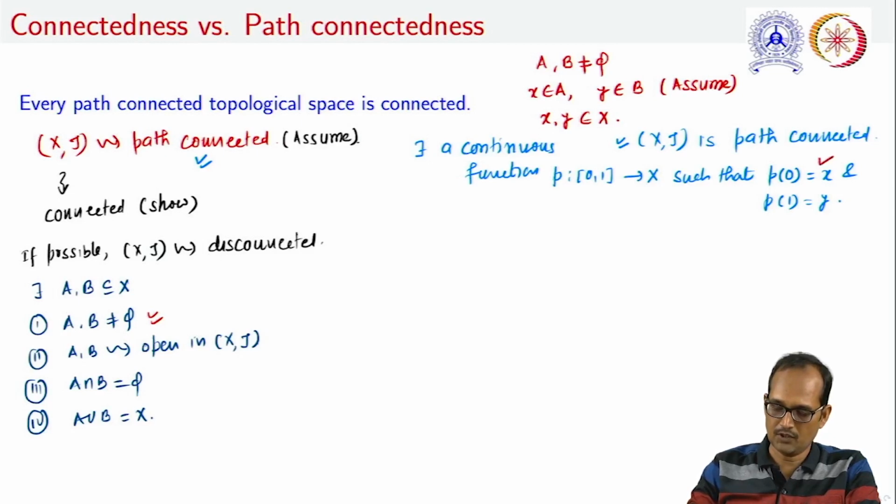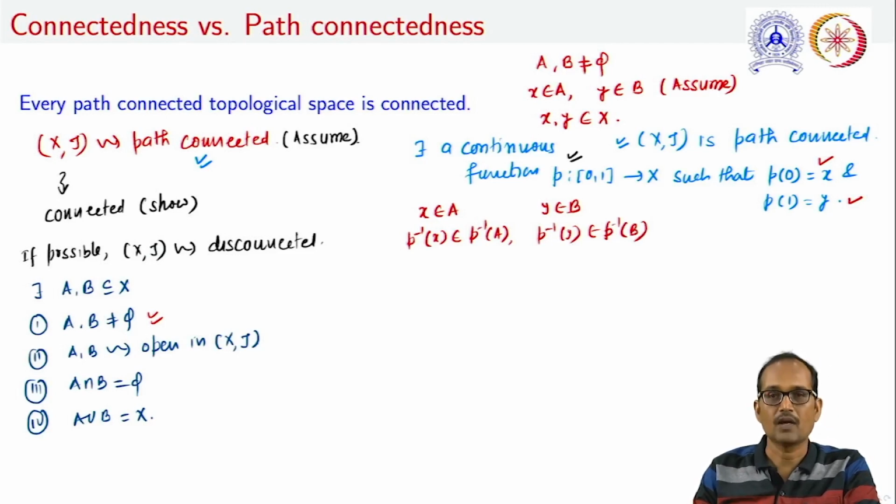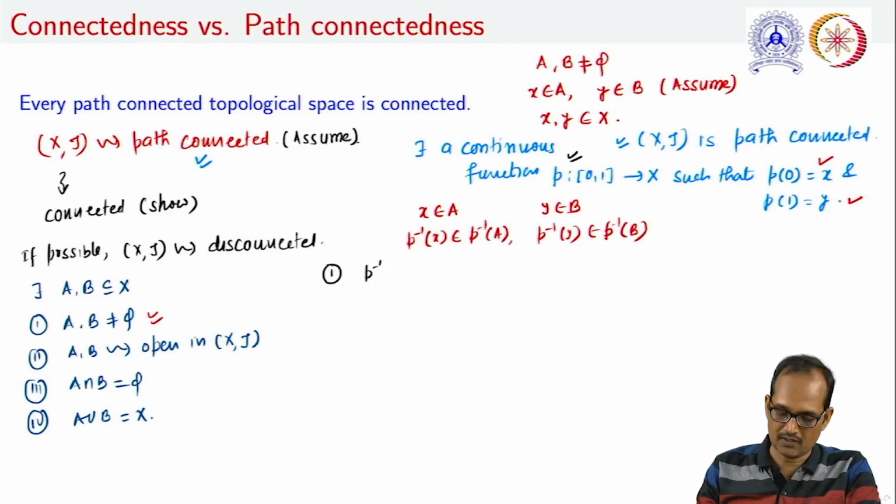Now, if p(0) is x and p(1) is y, as x belongs to A, this 0 will be an element of p inverse A. Similarly, as y is in B, 1 is an element of p inverse B. It is to be noted, because p is a continuous function, we can deduce from here that p inverse A and p inverse B are non-empty.